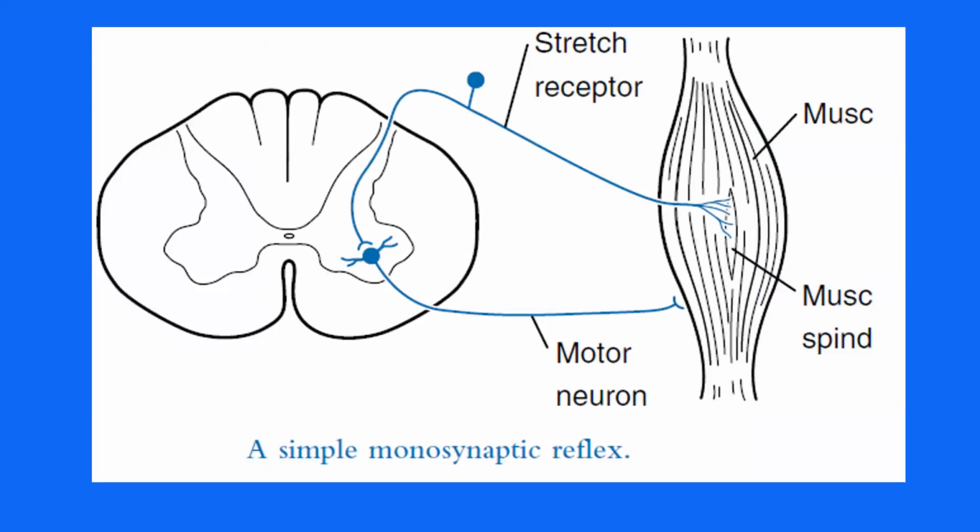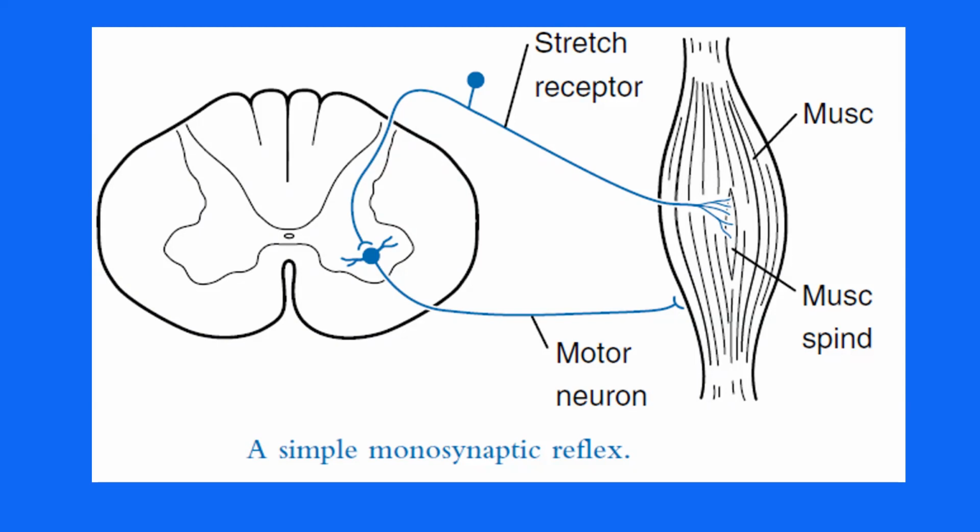You should know how a reflex is formed, a simple monosynaptic reflex. If you strike a muscle, a message is sent to the dorsal aspect. It passes and then comes out of the ventral aspect to the motor function to the tendon.